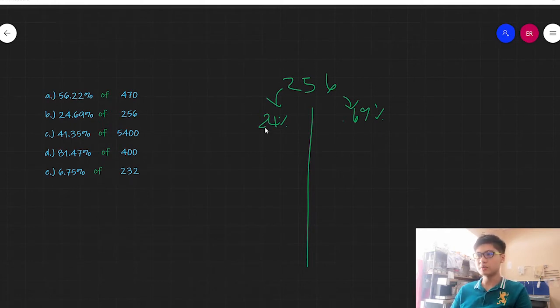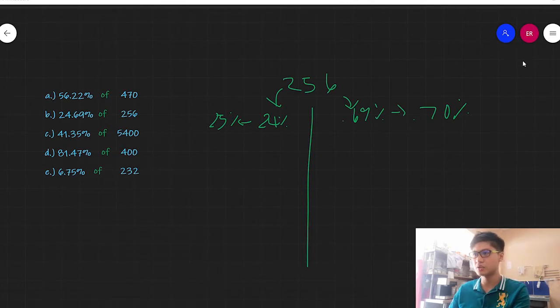Now, if you would recognize, 24% is just one step away from 25%. And 0.69% is also just one step away from 0.70%. So why did I say this? It is because getting 25% and getting 0.70% of this number is much easier compared to getting 24% and 0.69%.